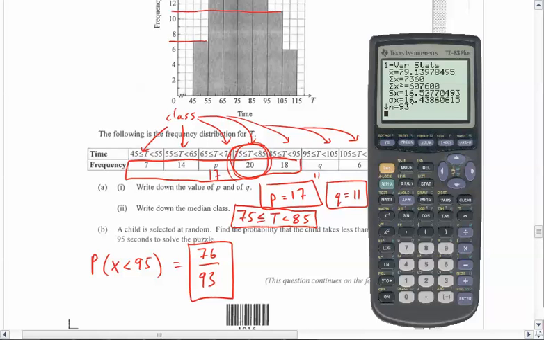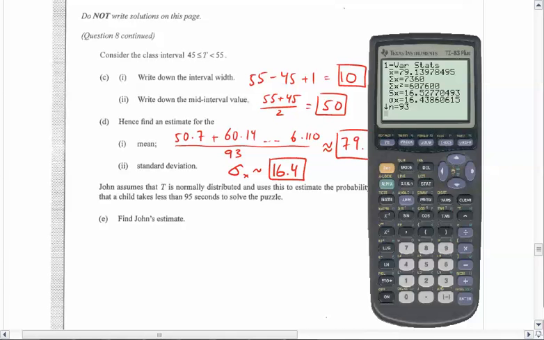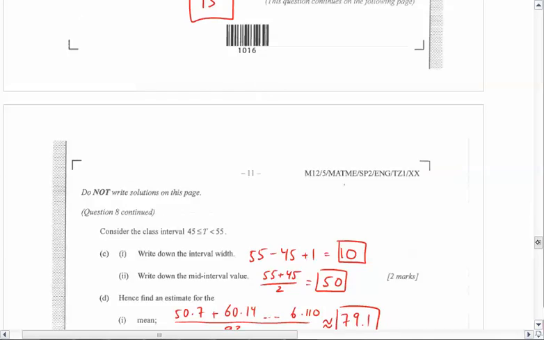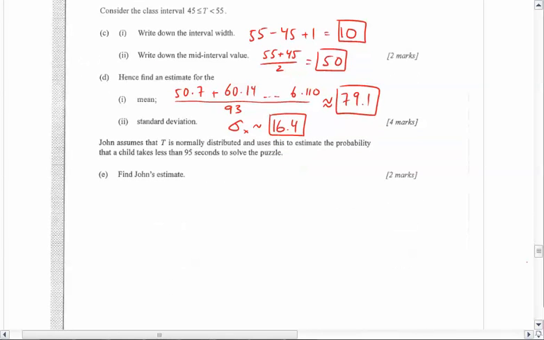My standard deviation, sigma x, is 16.4. See, my median is 80, which is in the median class from 75 to 85.